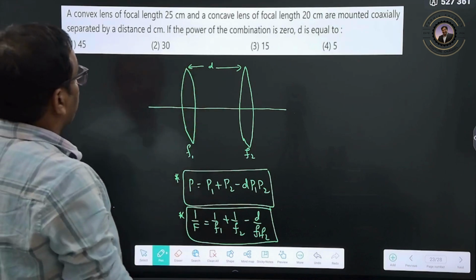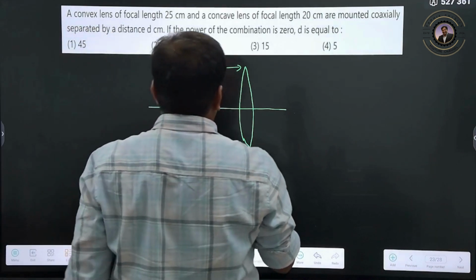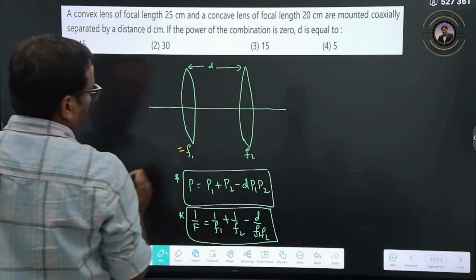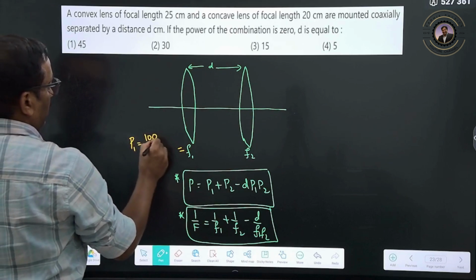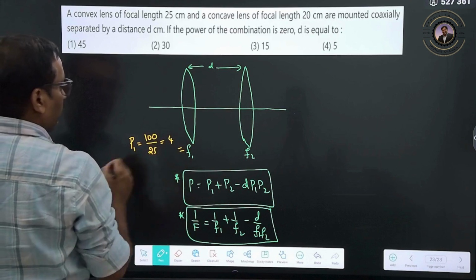Let us go through it. Power of the combination, first of all let us calculate the power of the first one. Power of the first will be equal to 100 by 25, that is nothing but 4 diopter.